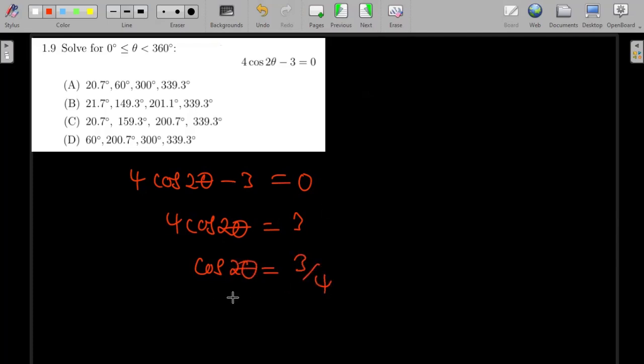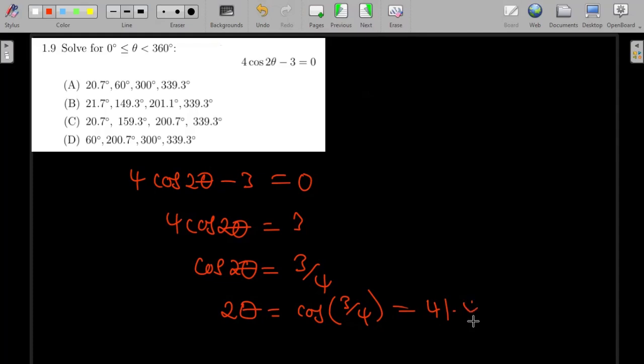Okay, and then we can find the inverse now. So 2 theta will be equal to cos inverse of 3 over 4. So what is cos inverse of 3 over 4? It's 41 point what?